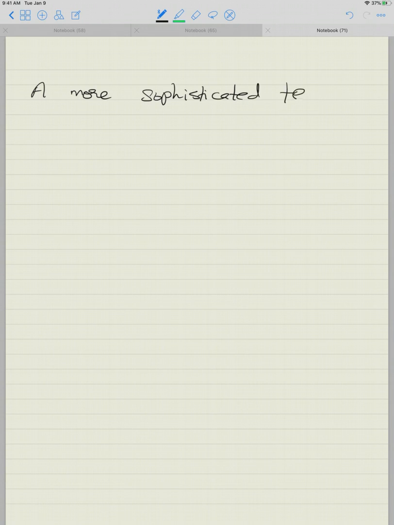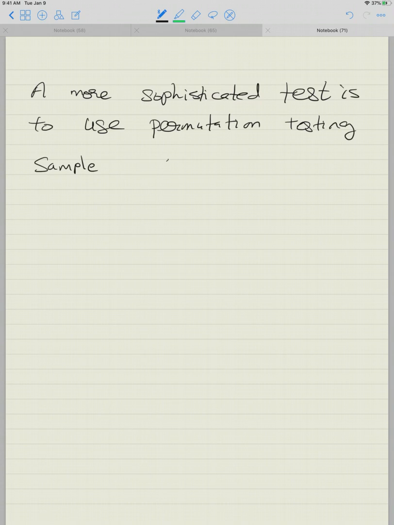So a more sophisticated test is to use permutation testing. What we do here is we look at the two features, feature xj and feature xk.